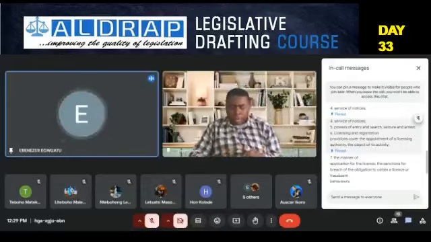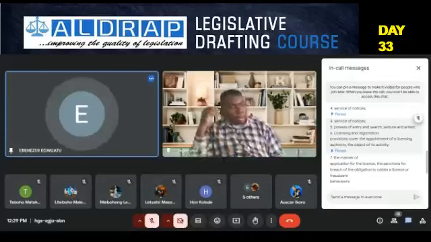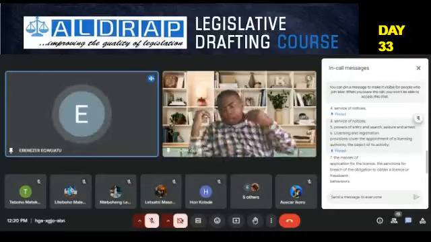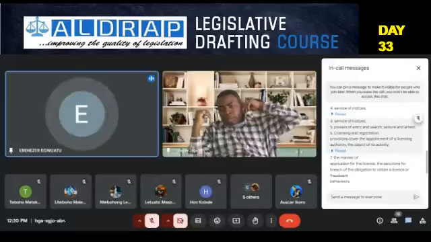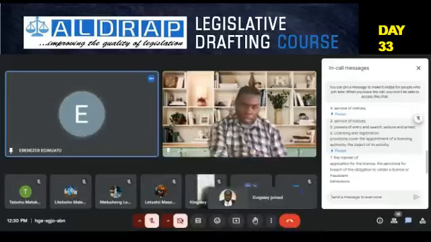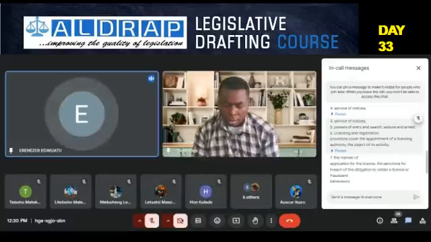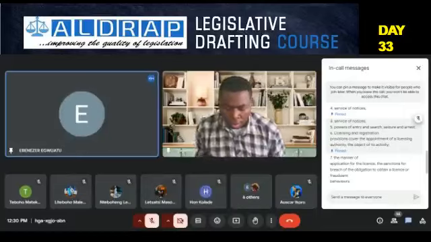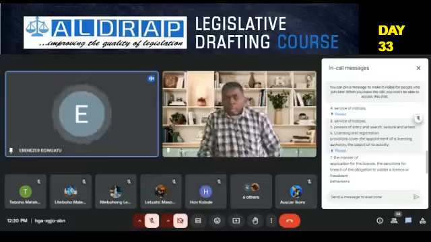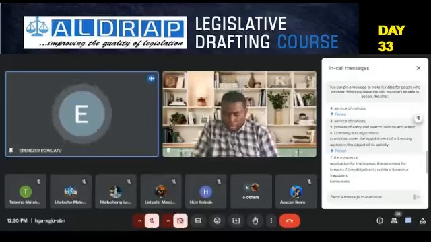Then we now put this omnibus clause, which is conferring power on the head of that agency to make subsidiary regulations to ensure the implementation of the Establishment Act. Meaning, since you as a drafter are not all-knowing, there are things you will naturally not foresee. Some things might come up tomorrow.